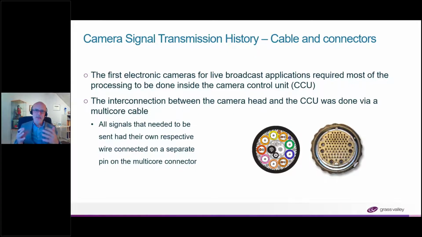Especially at the time when color television came into use, the number of cores inside the cable almost exploded to a number which was hard to handle.